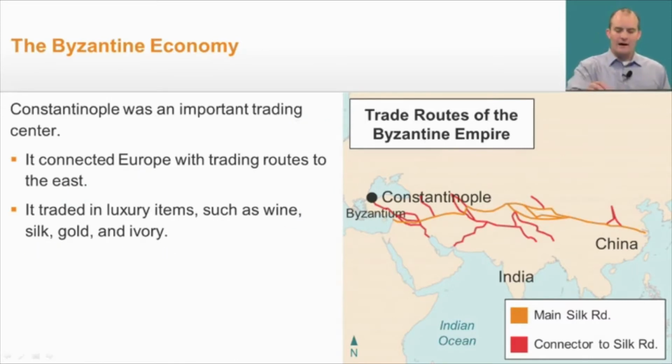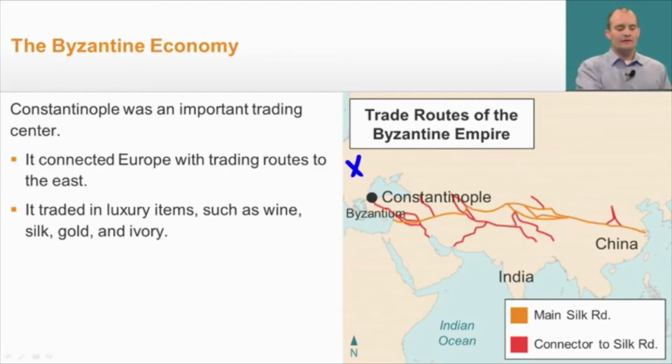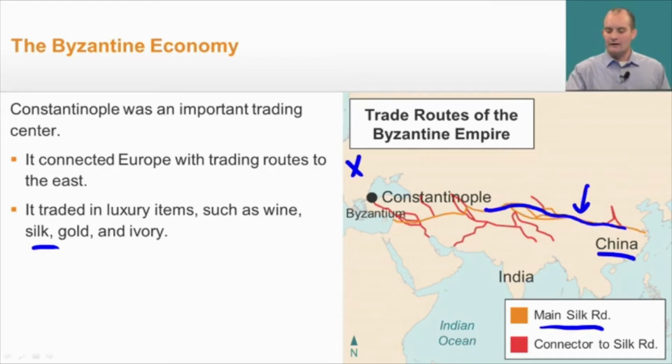And take a look at this map right here, where first notice Constantinople. You spot it? It's right here. All right, so there's Constantinople, and recall, Europe's right here. Many of these goods, such as silk, are coming from China. So here's the main Silk Road, this light orange line here. These goods would travel along here, and as they would come across the Middle East, they would come through Constantinople.